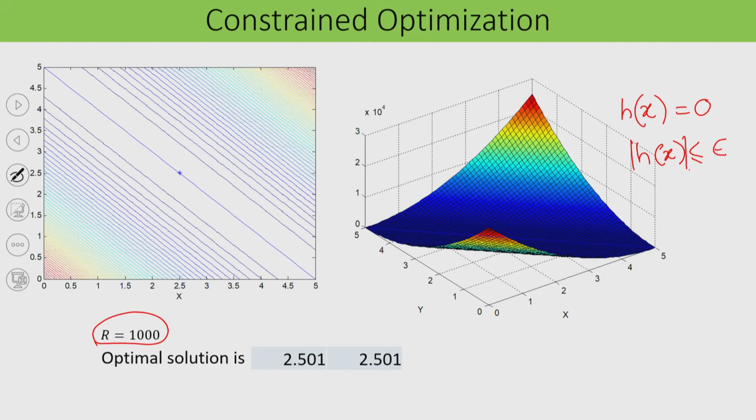So, I am converting the equality constraint to an inequality constraint, and this epsilon value we can define, suppose as 10 to the power minus 3, or 10 to the power minus 6, or 10 to the power minus 12, depending upon the problem requirement. If you want a very precise solution, you can make this value smaller.